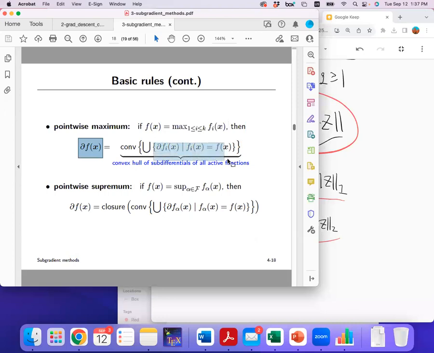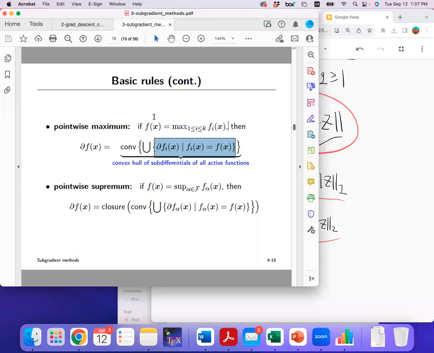Let's first look at this set. This is the subdifferential of f_i(x). Well, at this point x, this f_i achieves the maximum. So what you do is this. Fix a point x, and then check at this point which f_i achieves the maximum value.